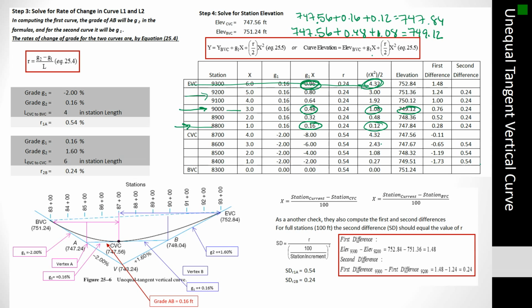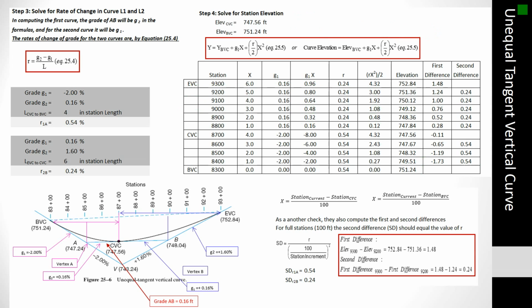Again, you can do the first and second differences. So in this one, you're subtracting these two to get this value, these two to get this value. When you get up to here, you're looking at these two values to get this, and so forth. Each one of these is differenced.